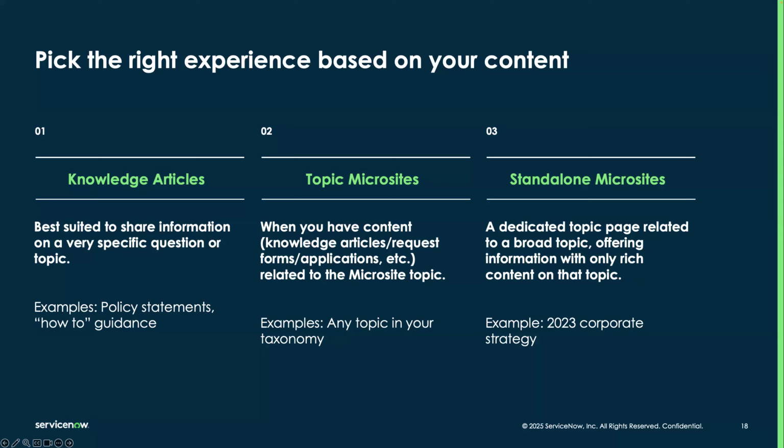If your content is tied to a specific topic, and you also have additional resources to offer, such as knowledge articles, request items, applications, news articles, or even quick links, you can use a topic microsite. And when your content does not have any additional connected content or support resources to tag onto it, like a corporate strategy page, you could use a standalone microsite. That would be a better option.